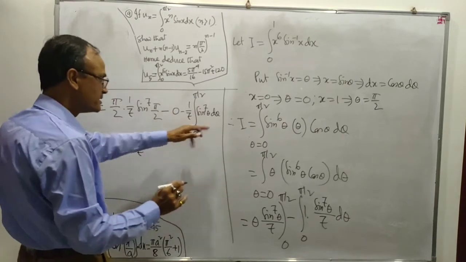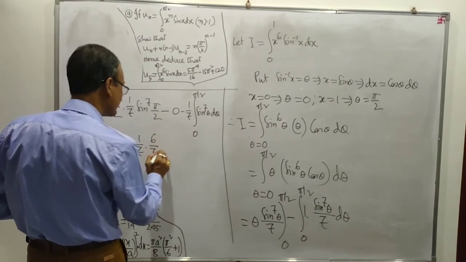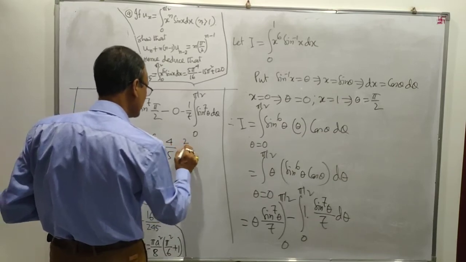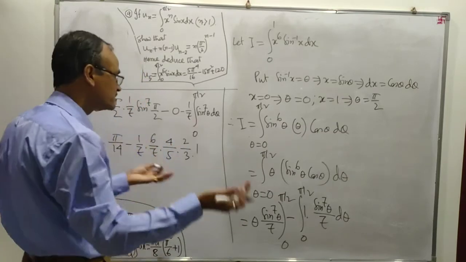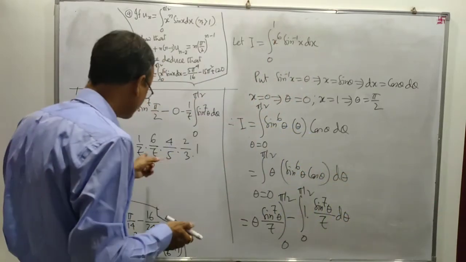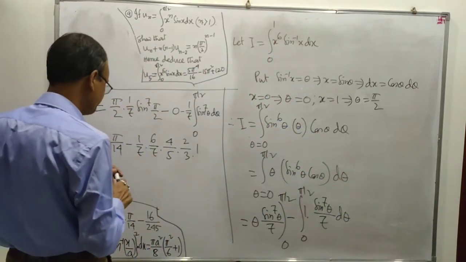The integration is very simple. 6 by 7, next term will be 4 by 5, next will be 2 by 3, and 1. You will get this one.